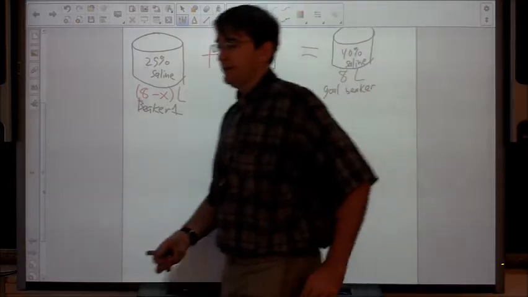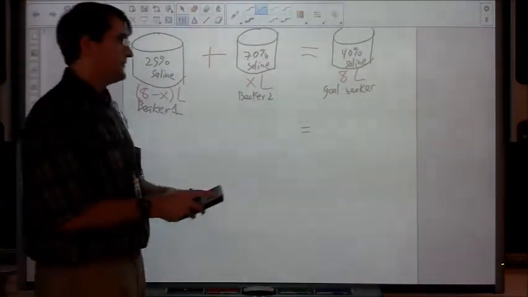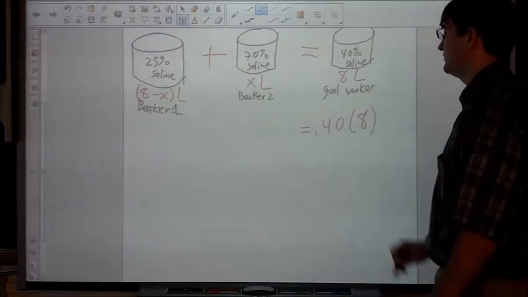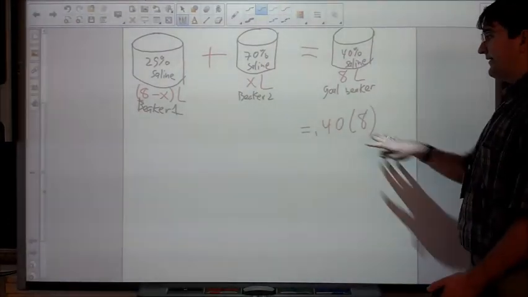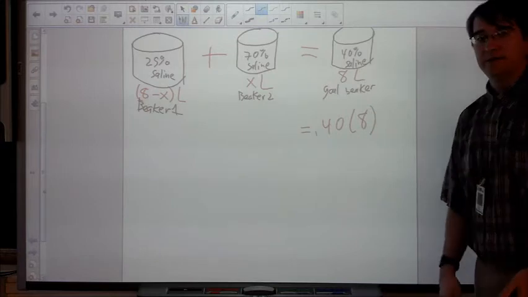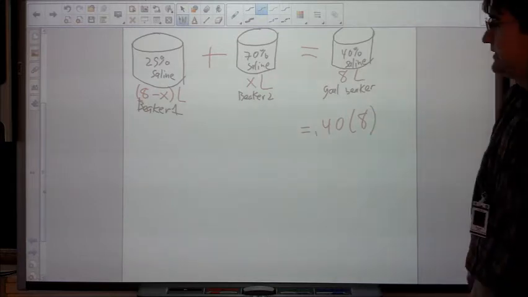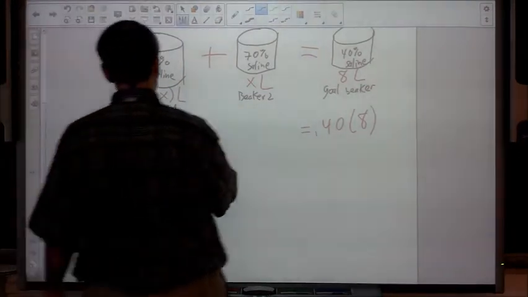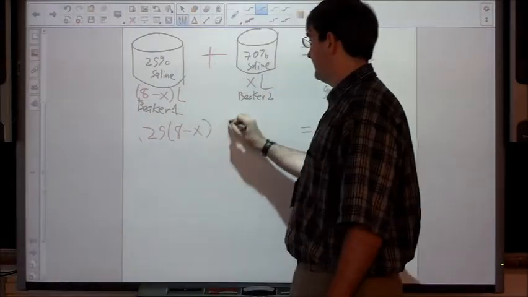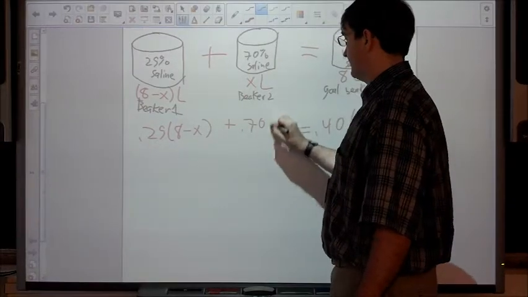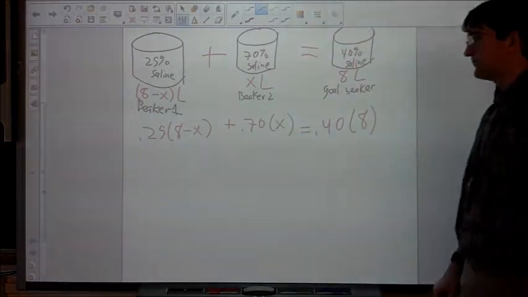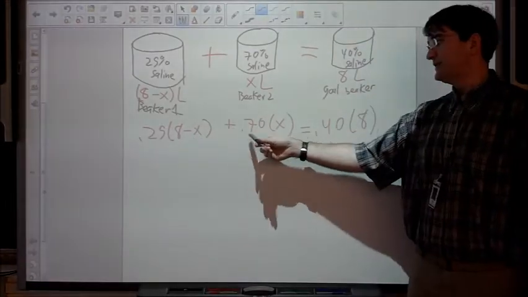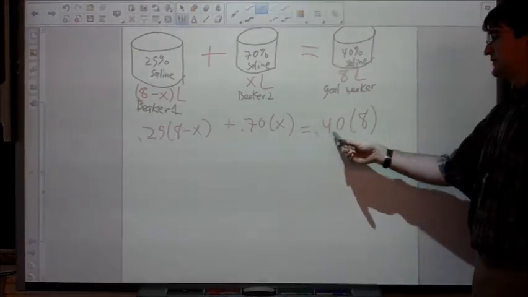That's how much salt is going to be in that ending beaker, 0.40 times 8. I can use the same principle over here: 25% of 8 minus X, and then 70% of X. And there's my equation: 0.25 times quantity 8 minus X plus 0.7 times X equals 0.4 times 8.